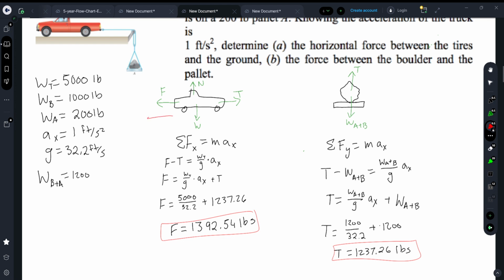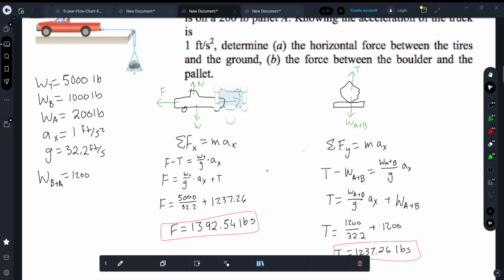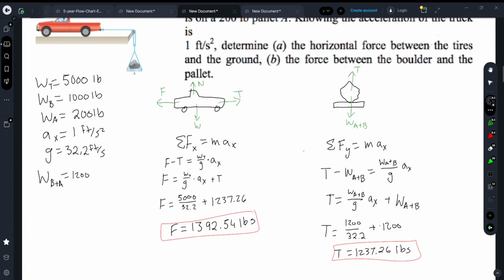That's positive force minus tension equals ma, and for m we just use weight divided by g, and then we just solved, then we isolated our F.